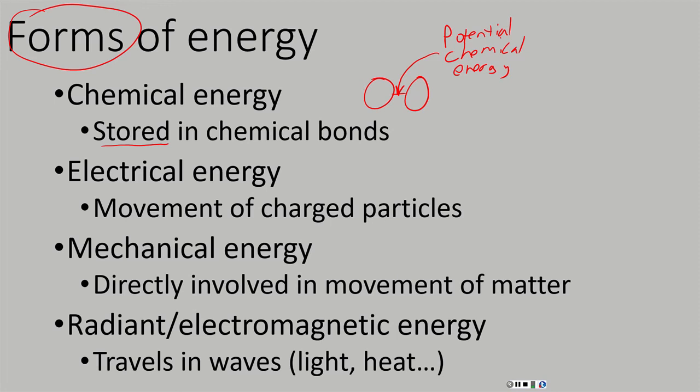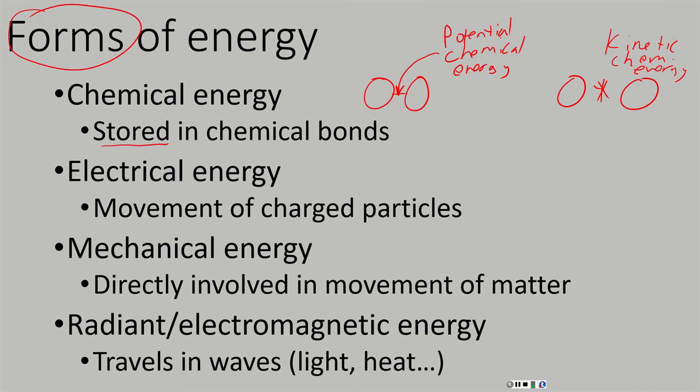What happens if we break that bond? Well, there's going to be some energy released if we break that bond. So let's say we break that bond, it's going to give off some sort of energy because we have converted from potential to kinetic chemical energy.